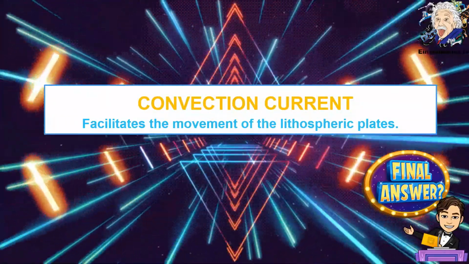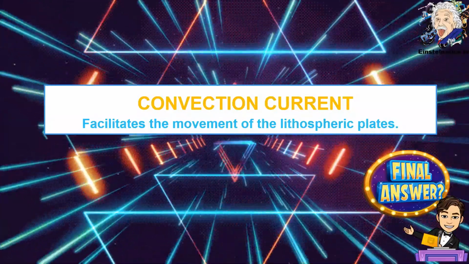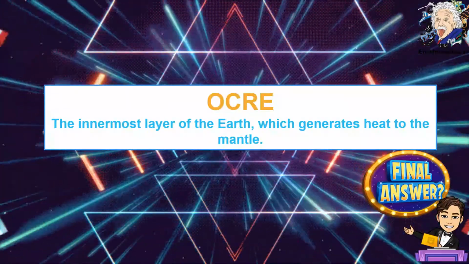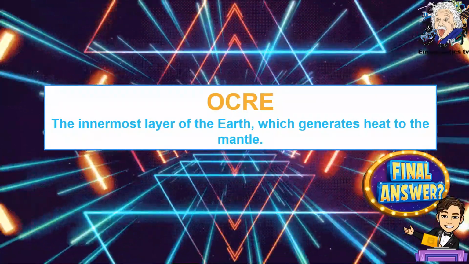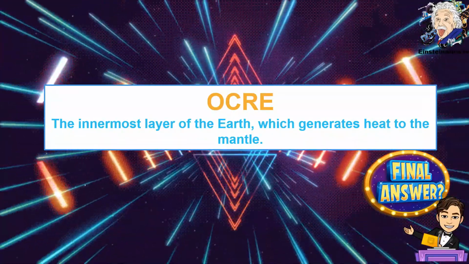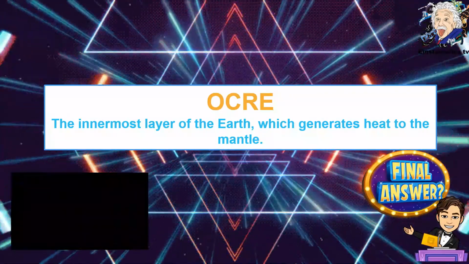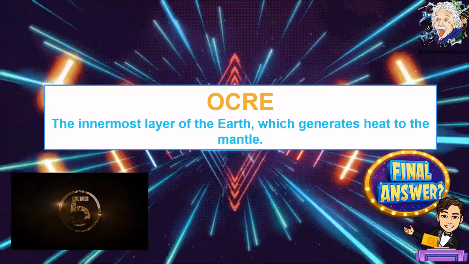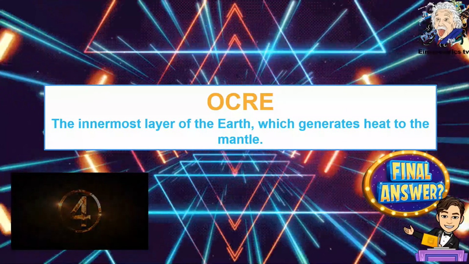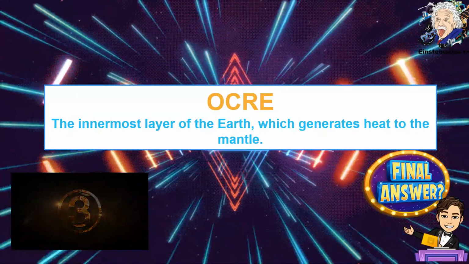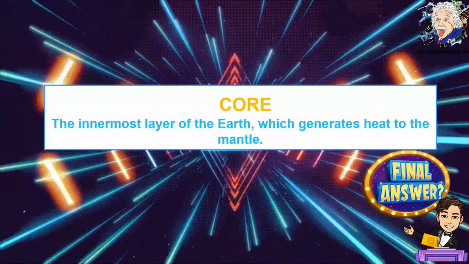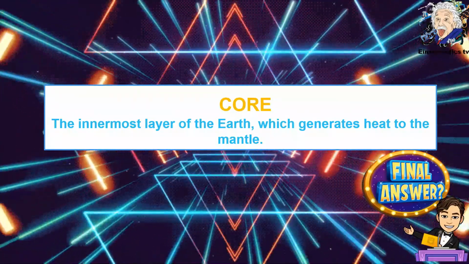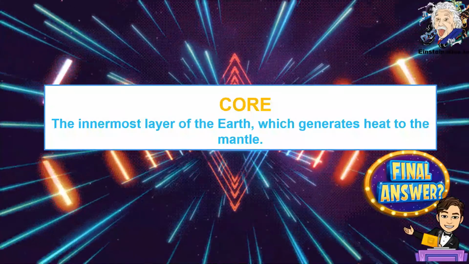On to the final item. Now for the final item, it refers to the innermost layer of the Earth, which generates heat to the mantle. 5 seconds. The correct answer would be core. Did you get it right? Congratulations!